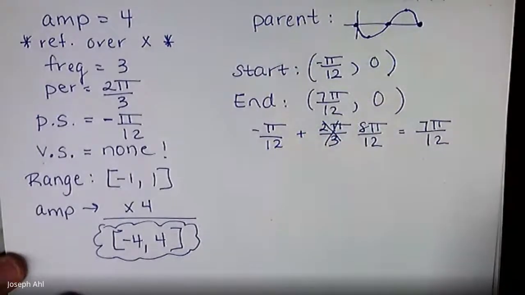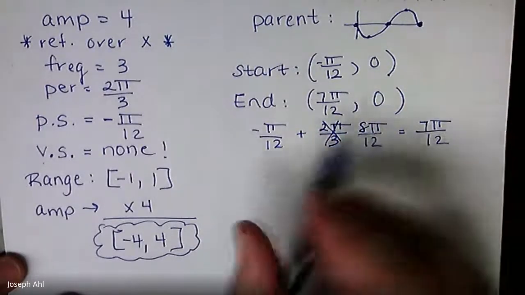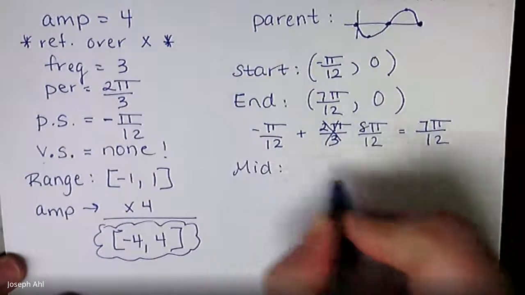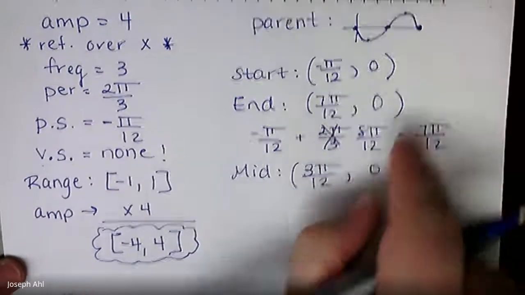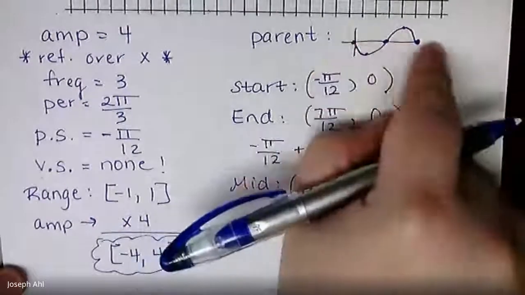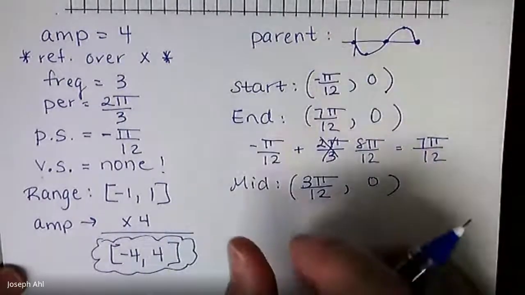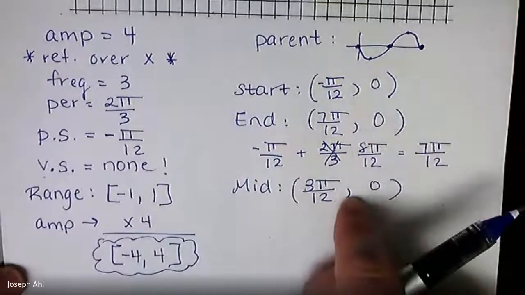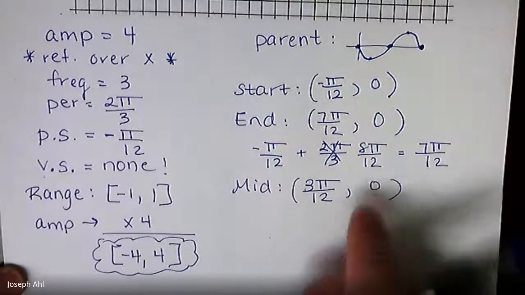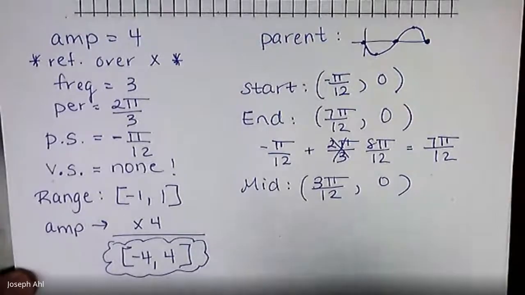There's the end. And then finally, midway in between -1 and 7 is positive 3 pi over 12. Notice how for a sine curve, the middle y value is the same as the start and end y values. So for sine, these are all going to be the same, those y values. Not necessarily always 0, okay, but that's what we're going to use as a reference point.